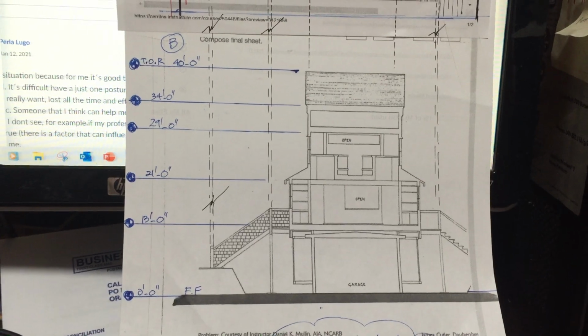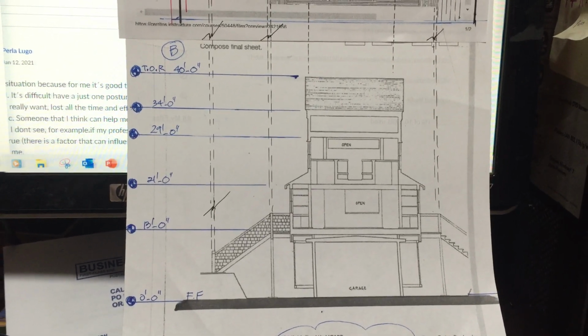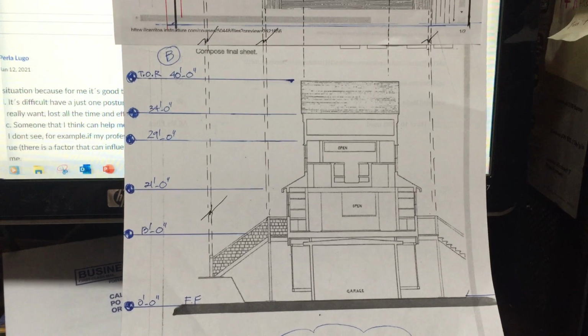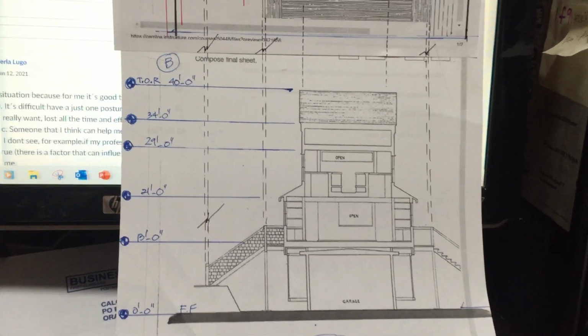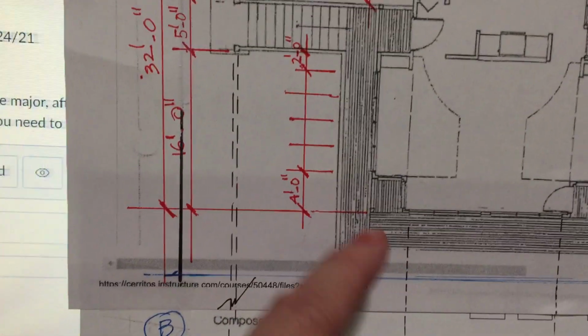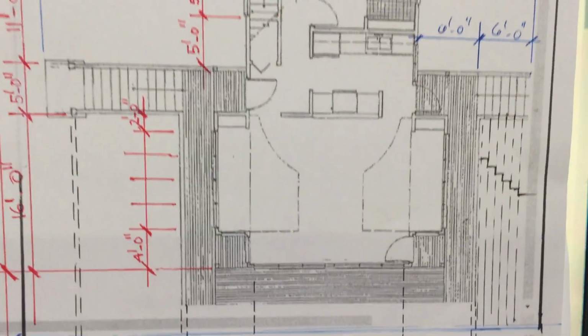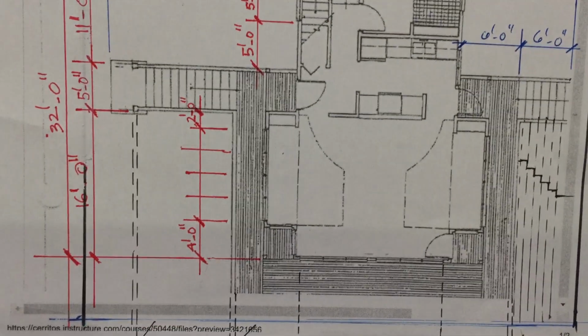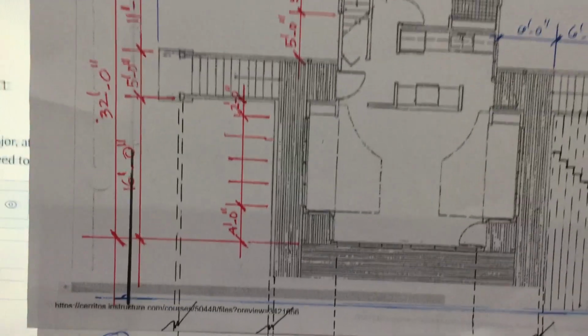So before you do that, you need to measure at 1/8 scale, and then draw at 1/4 scale. Okay. After you finish everything, I will show you how to do the texture right here. It's very easy. However, if you have the drafting table, it's easier. But if not, it's okay.